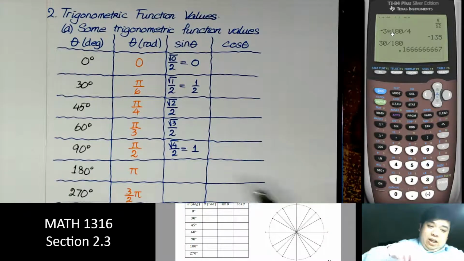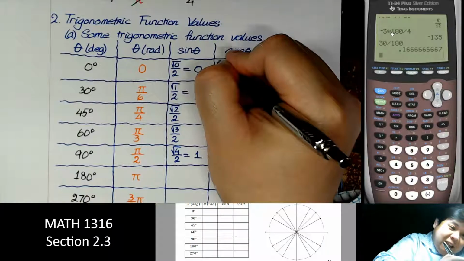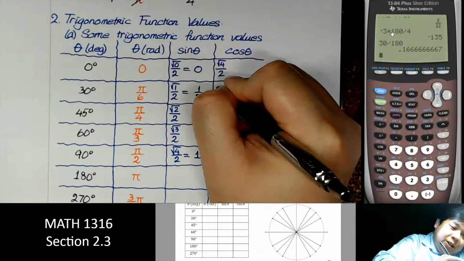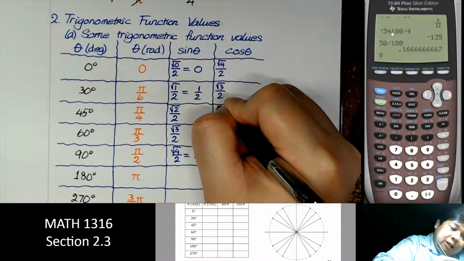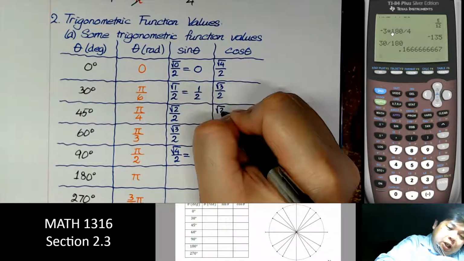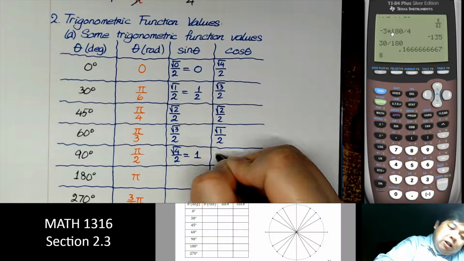And cosine is pretty much this, but in the reverse order. Square root of 4, 3, 2, 1, and 0.